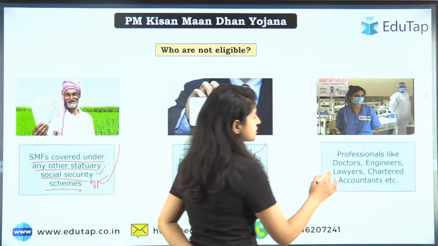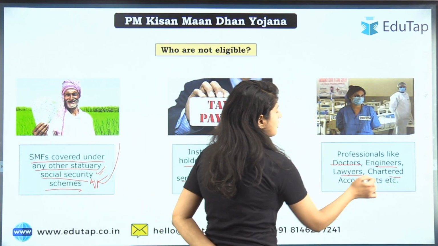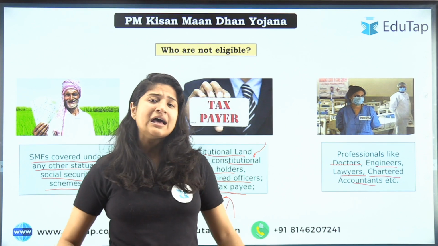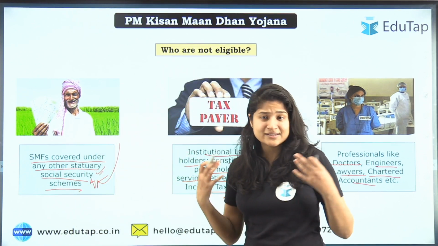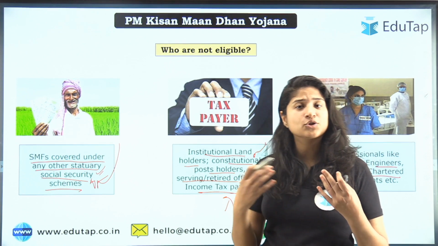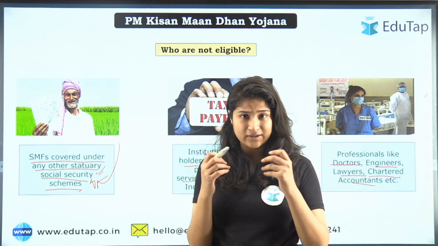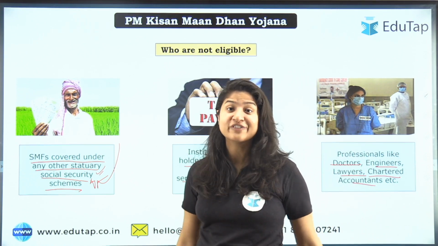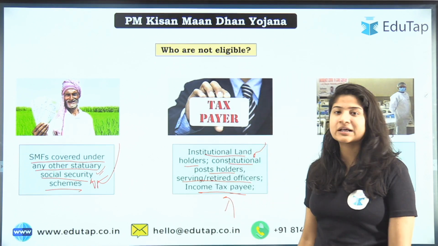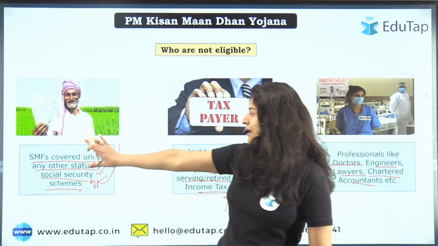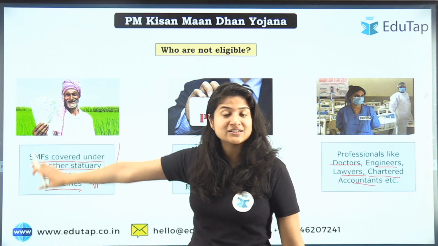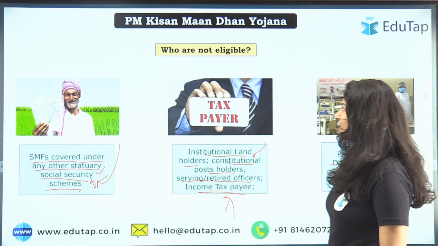Next are professionals, for example doctors, engineers, lawyers, chartered accountants. You can think of anyone who is well-to-do and has good savings, who can save if he wants to. So they are not under this particular scheme, and the small and marginal farmers who are already under other schemes are not eligible.